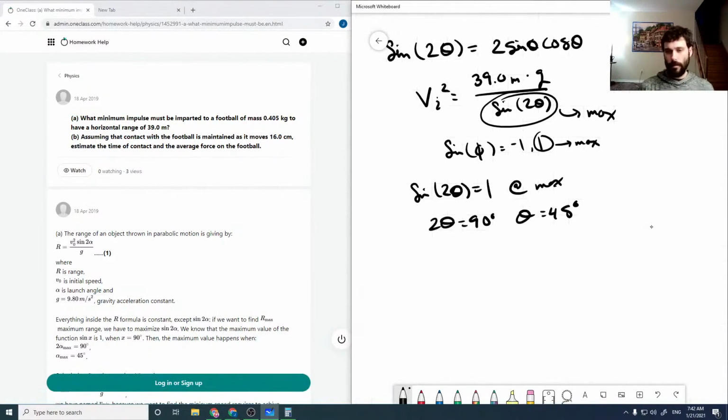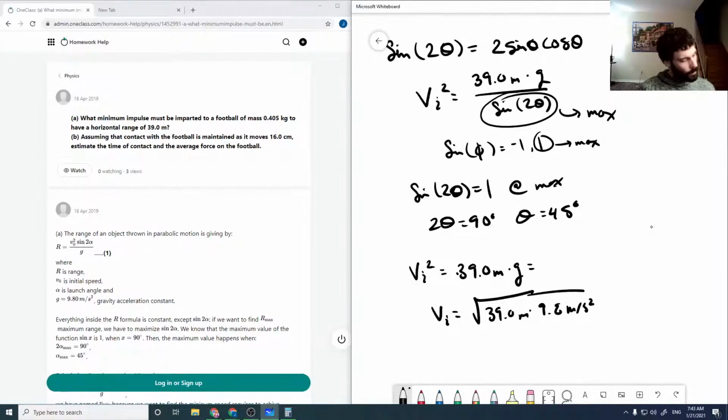But in any case, that means that our vi squared, our minimum velocity, is going to be just 39 times g. So our vi is the square root of this, and g is 9.8 meters per second squared. And this comes out to be 19.55 meters per second.